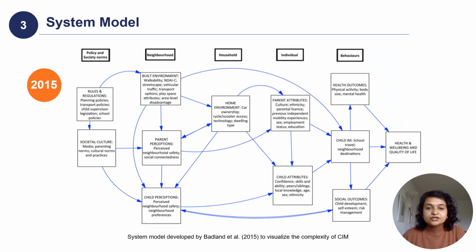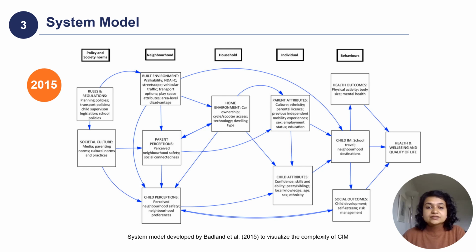This led to the evolution of one of the recent models called the system model, developed in 2015 by Badland and colleagues to visualize the complexity of children's independent mobility. They tried to understand the causal relationship between the different influential factors, as you can see here in this diagram.